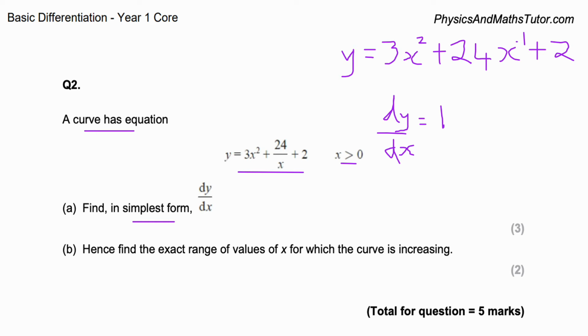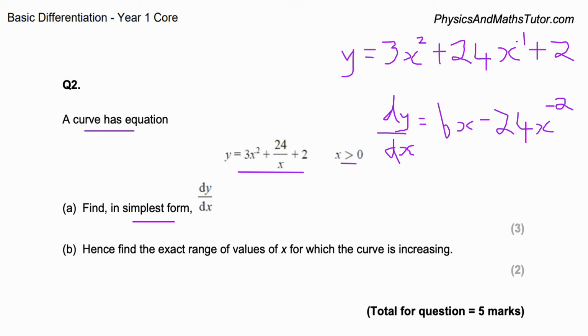And then differentiating 24x to the minus 1, it goes to 24 times minus 1, so it's minus 24x to the minus 2, so that's my answer for part A.